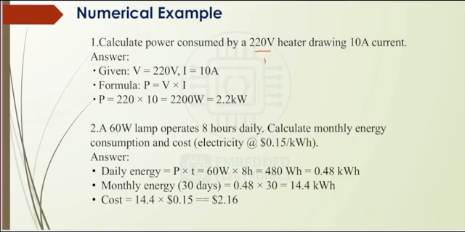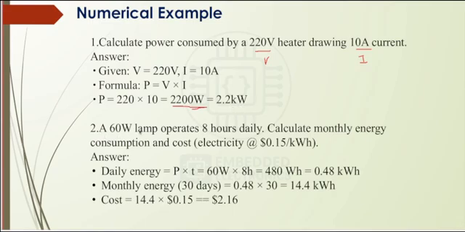This is V and this is I. We know power equals V into I. Substitute the values, then you will get the answer. To write it in terms of kilo, just divide it by 1000, then you can write it like this.